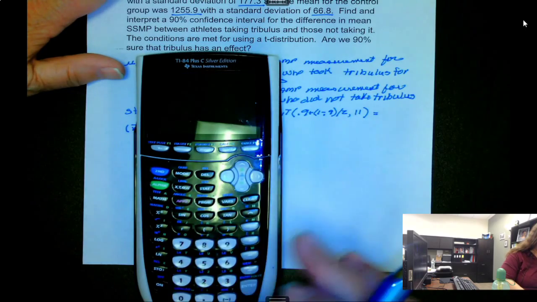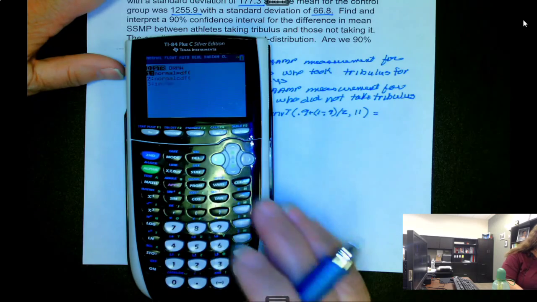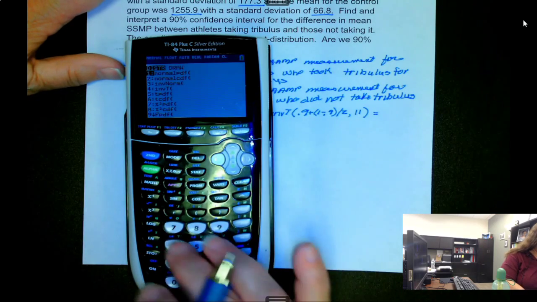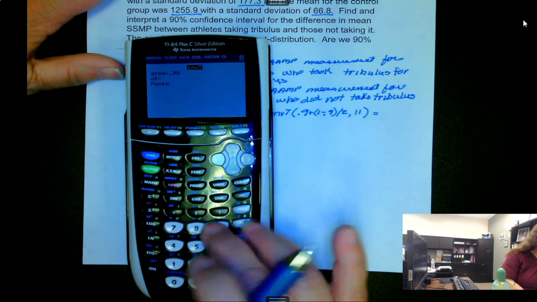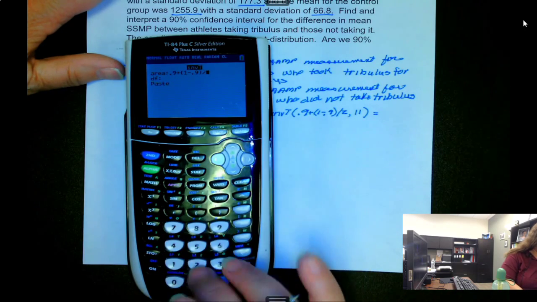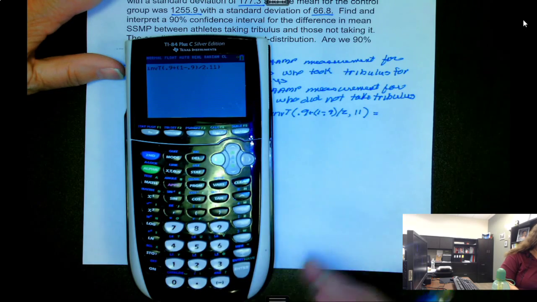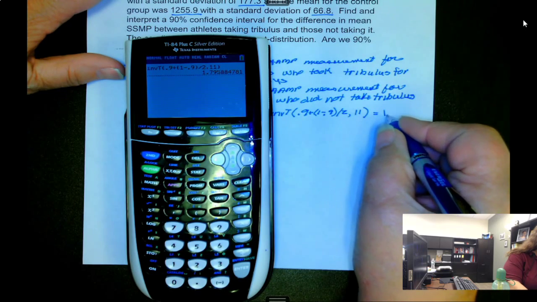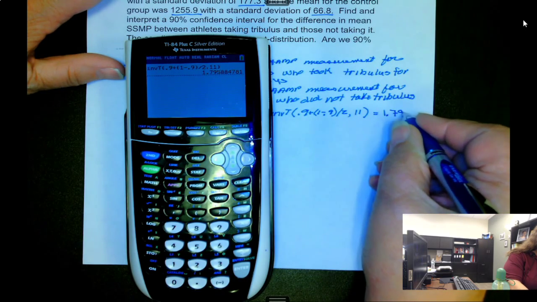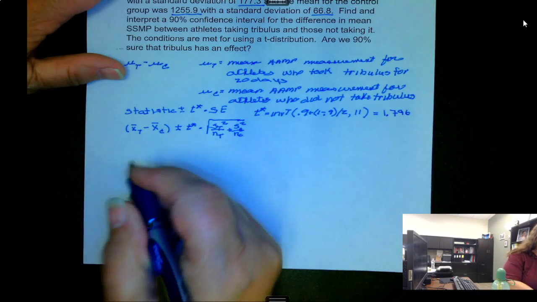Now when we do this inverse t, let's see what we come up with. Second vars, inverse t, 0.9 plus (1 minus 0.9) divided by 2, 11 degrees of freedom. And we come up with 1.796 as t star.